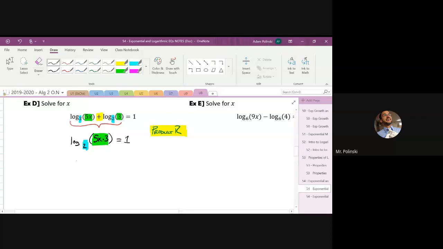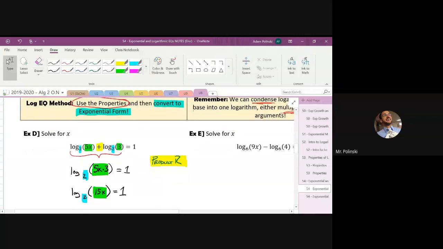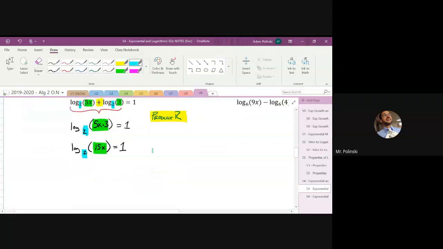Cleaning this up a little bit, we can write this as log base 2 of 15x is equal to 1. Up here, we used our properties to write it as one log, and now we're going to convert to exponential form.